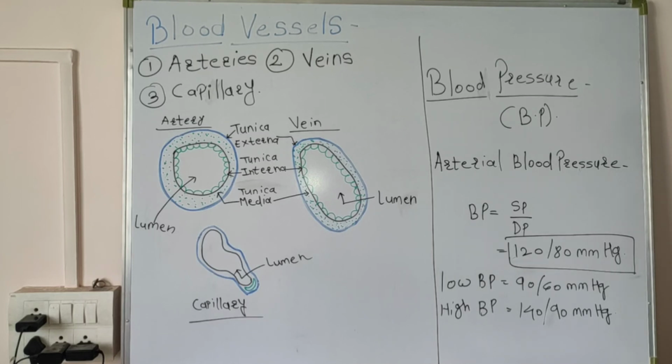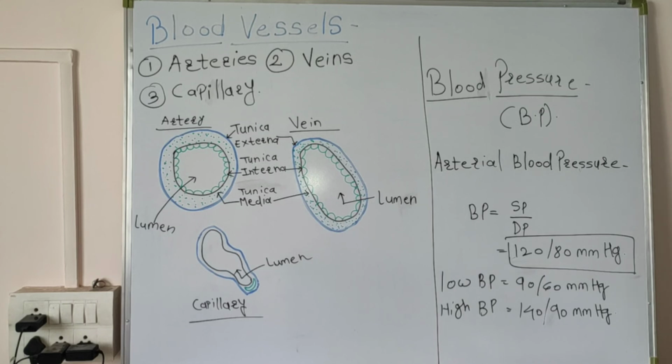After that, the pressure is lowered further till the pulse sound can no longer be heard because of the very slow blood flow, and at that time this is our diastolic pressure. I have already told that the standard blood pressure is 120 per 80 mmHg.